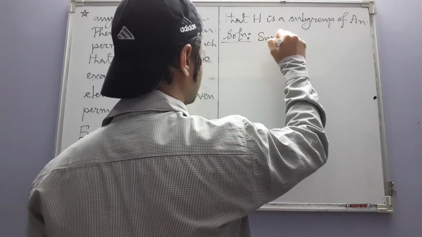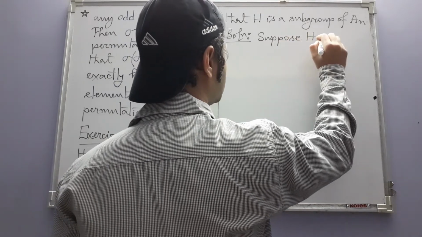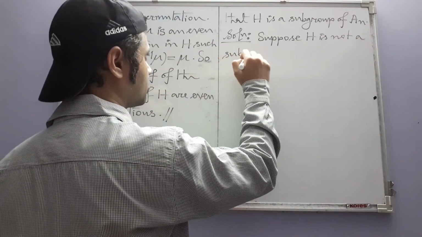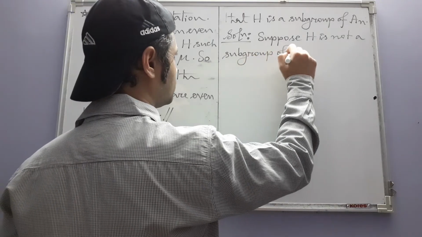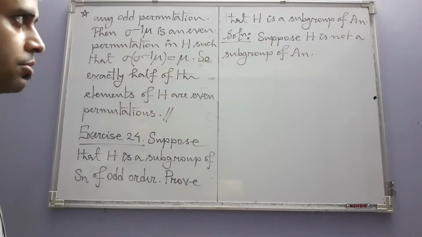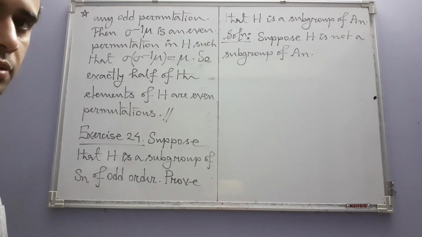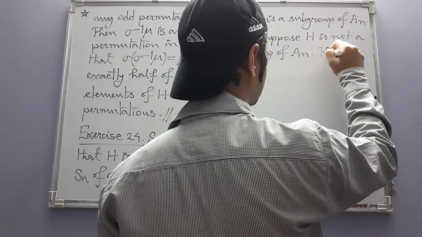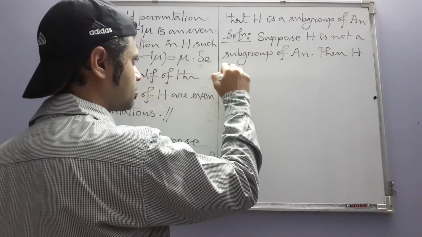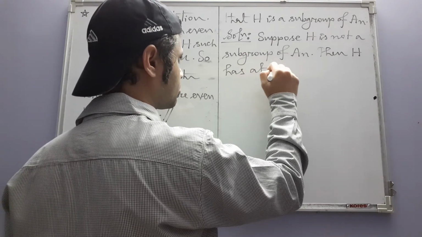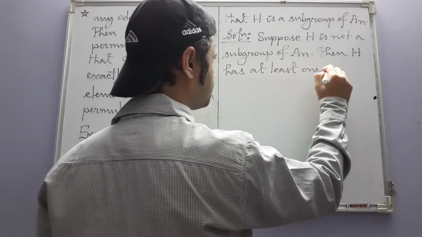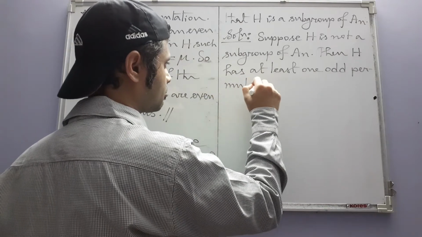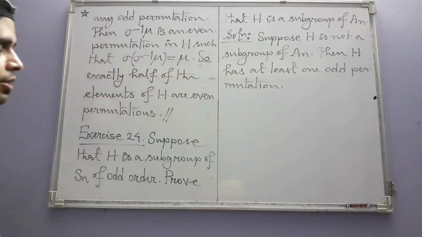Suppose H is not a subgroup of An. That means we don't have just even permutations in H. There is at least one odd permutation in H. Then H has at least one odd permutation.